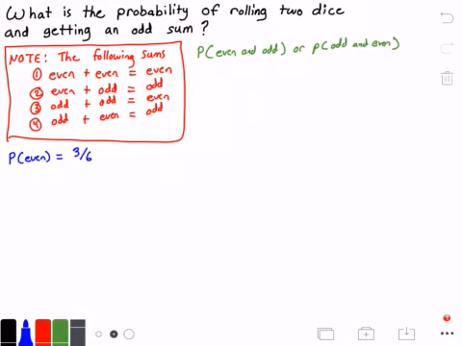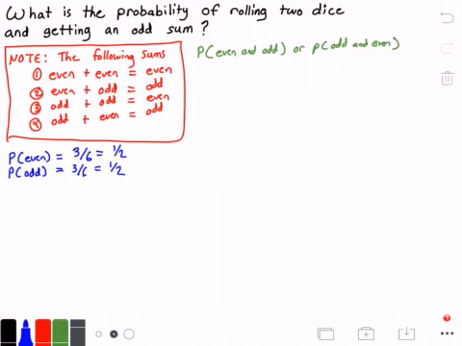Those numbers are 2, 4, and 6. If we simplify this, we get a half. And the probability of getting an odd value also equals 3 out of 6, because we have 3 possible numbers, 1, 3, and 5, out of the 6 total numbers that we can get. And if we simplify that, we get a half as well.